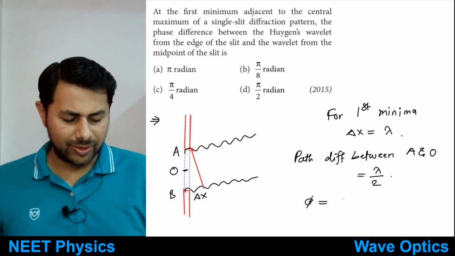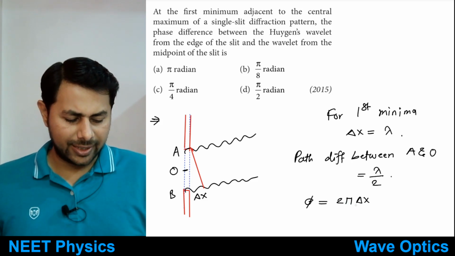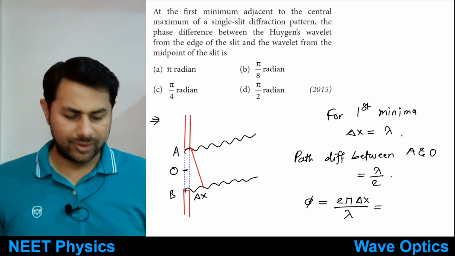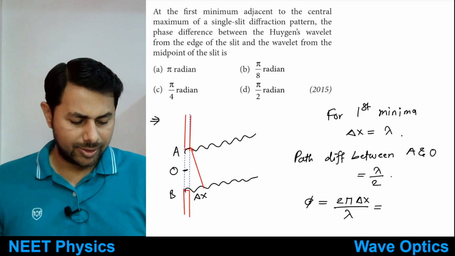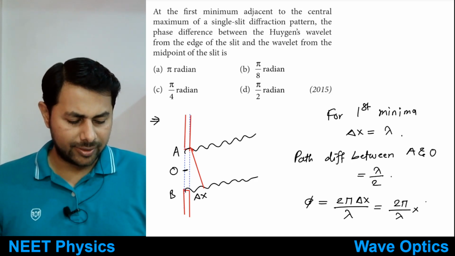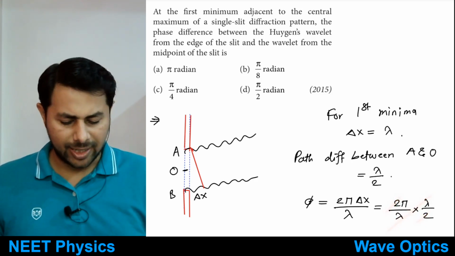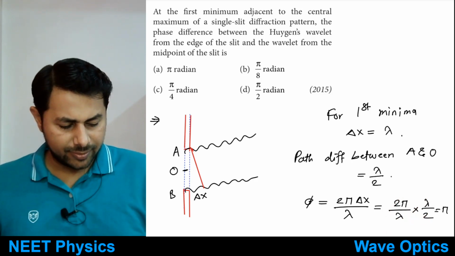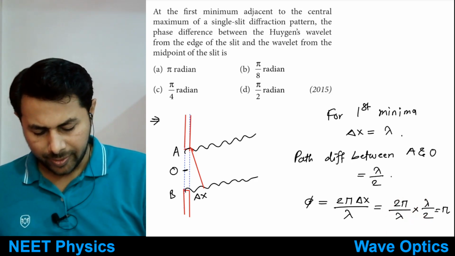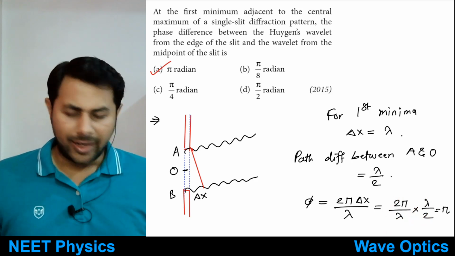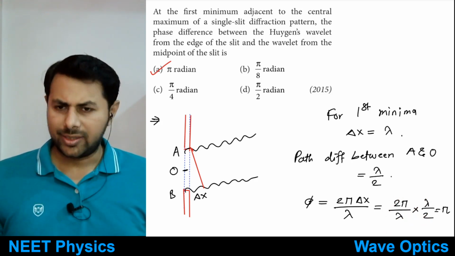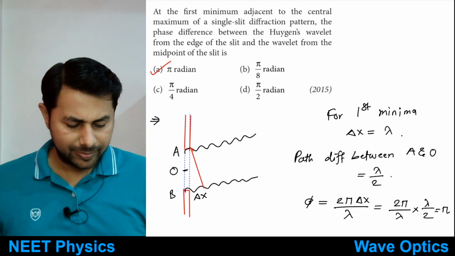So we know phi is equal to what? 2 pi times delta x by lambda. Just substitute delta x is equal to lambda by 2. It is 2 pi by lambda multiplied by lambda by 2. Right? So this thing gets cancelled. So phase difference is pi. Good. Right? So this is also simple. If we understand it, it's very simple, right?